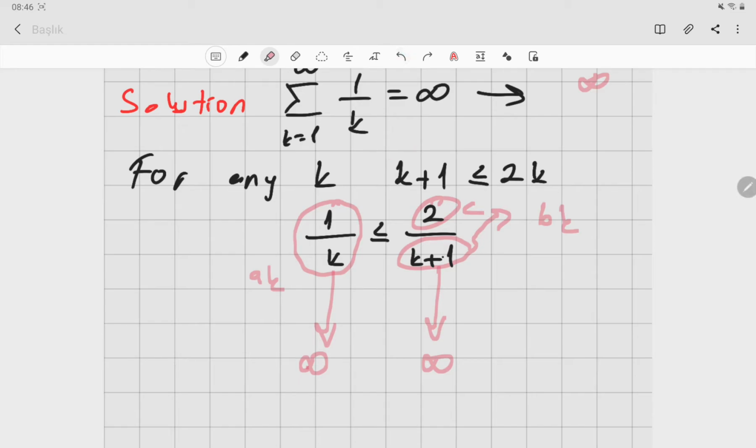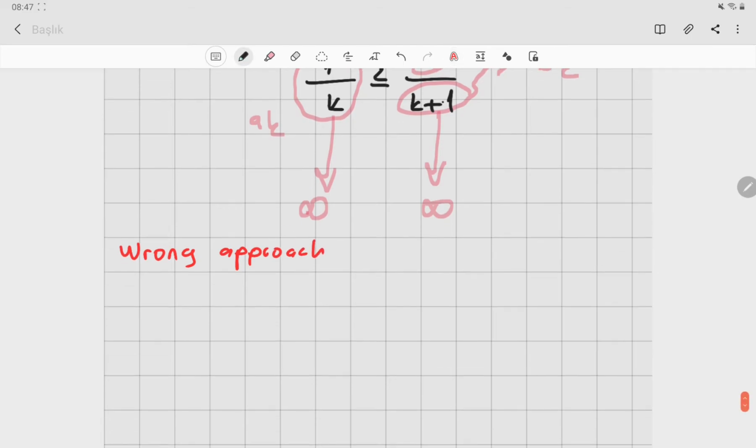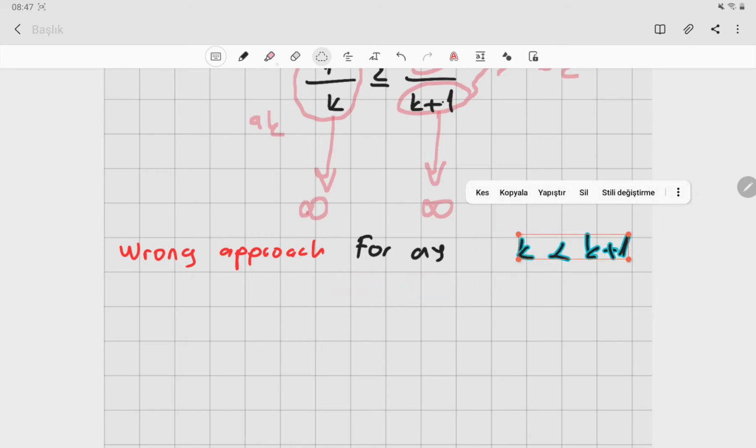There is a wrong approach, let me write here. If you take k plus 1, for any k, yes, this is true.